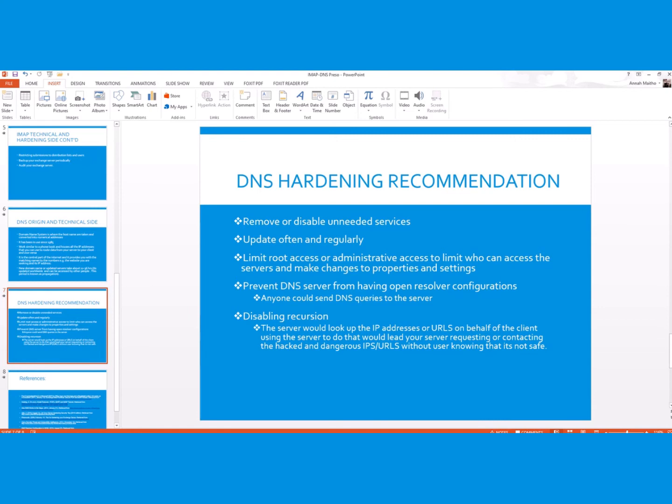Then update your servers often and regularly. Limit root access or administrative access so as to limit who can access the servers and make changes through properties and settings.